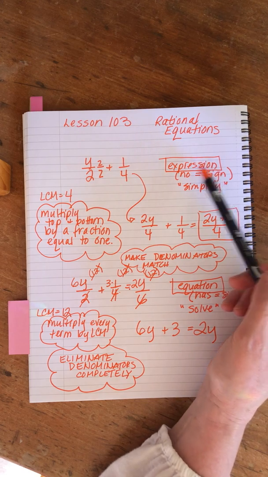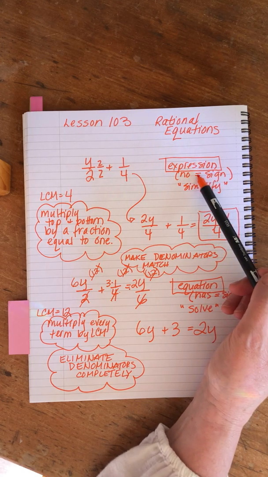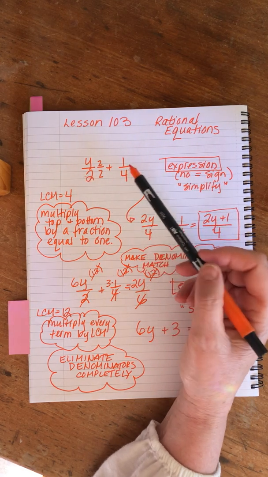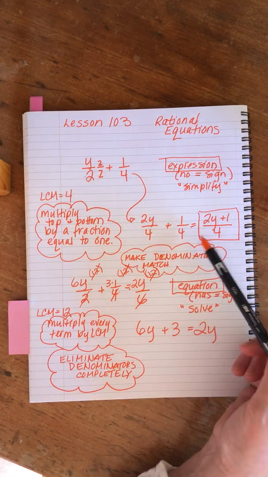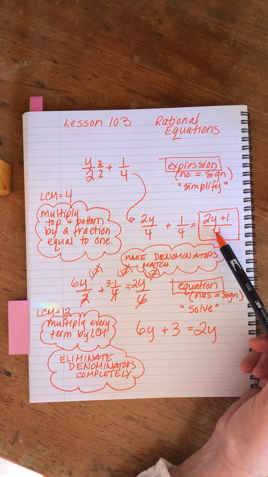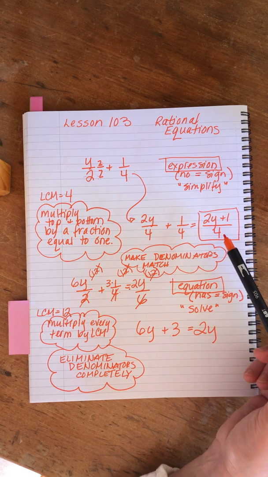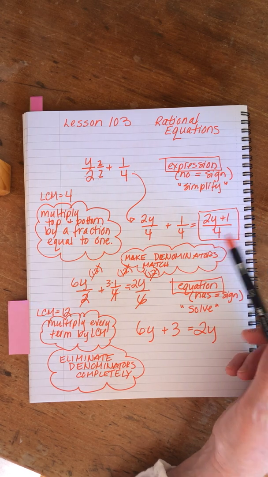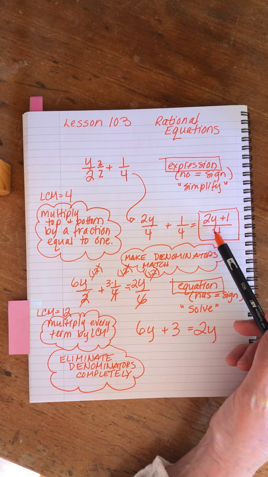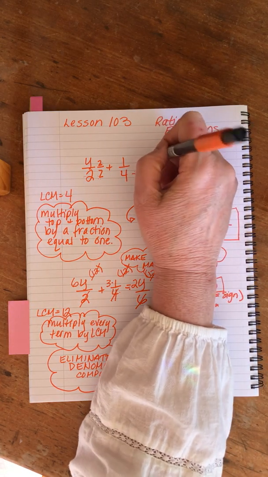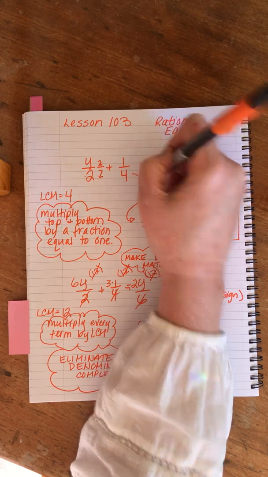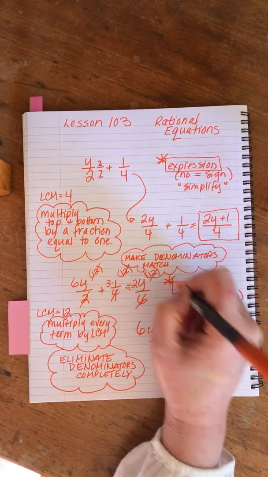If you have no equal sign, but you have fractions, the best you can do is a top and bottom thing to make them match and then combine them. You'll never get it to go away in an expression, unless the problem's set up so that they cancel for some reason. But most of the time, you'll be left with the denominator. If it's an equation, I want to put a big star by this because this is the starting point.